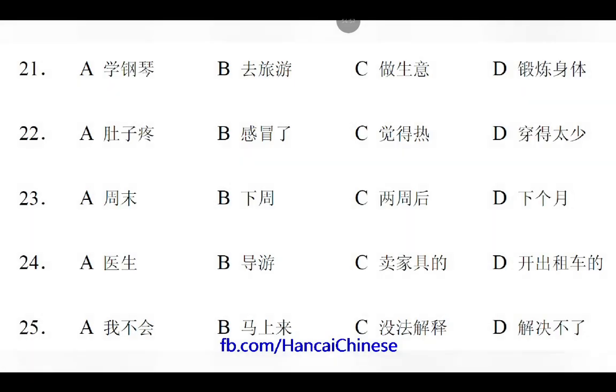I guarantee it can come out by this weekend. So which one is the correct answer? When would the result come out? This weekend. Okay, now read the options for 24.